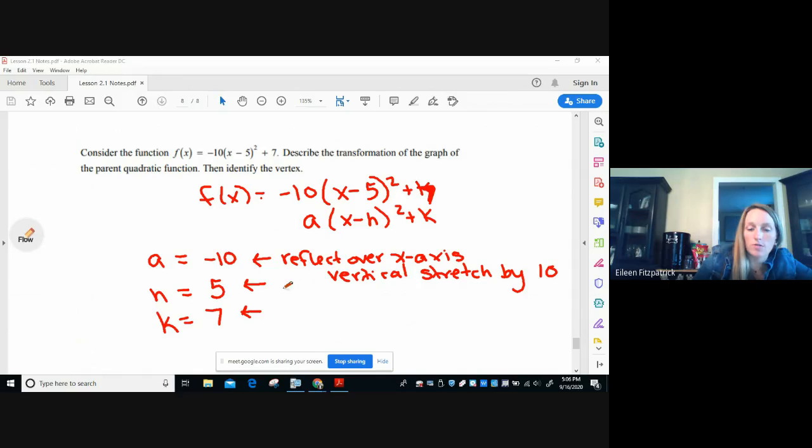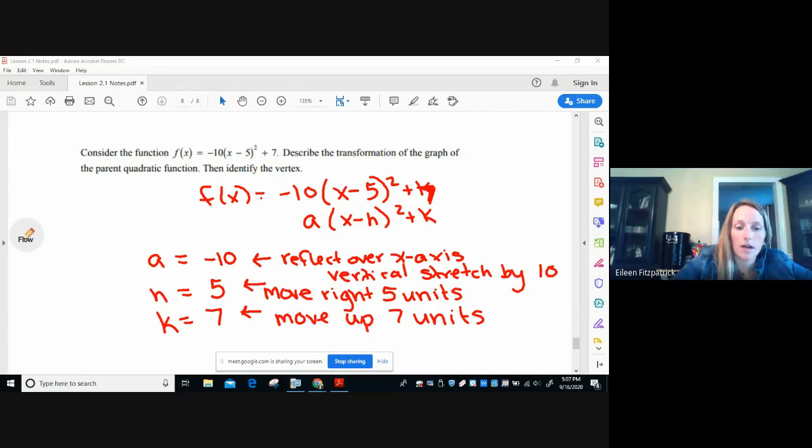Your 5 inside the parentheses means that you're going to move right 5 units. And your 7 means you're going to move up 7 units.